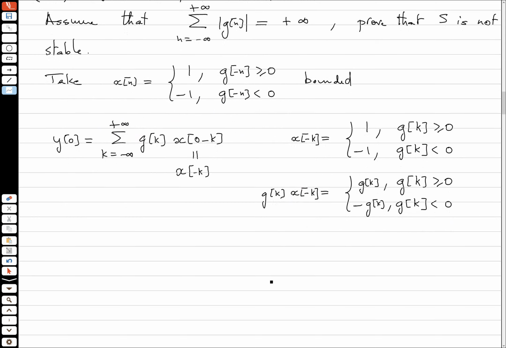Okay, no problem. Now, can you give me an expression of this that is simpler? Okay, it cannot be g of k because I have minus here. It's much simpler than that.